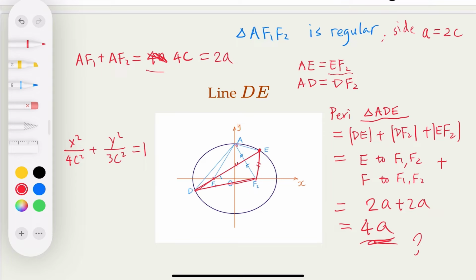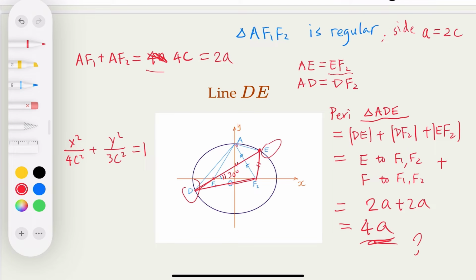And since this is a regular triangle, this is 30 degrees here. So line DE has a slope of tangent 30, which is square root of 3 over 3.